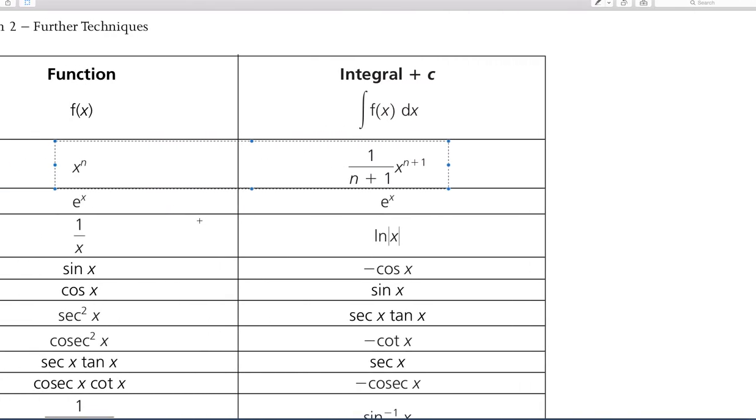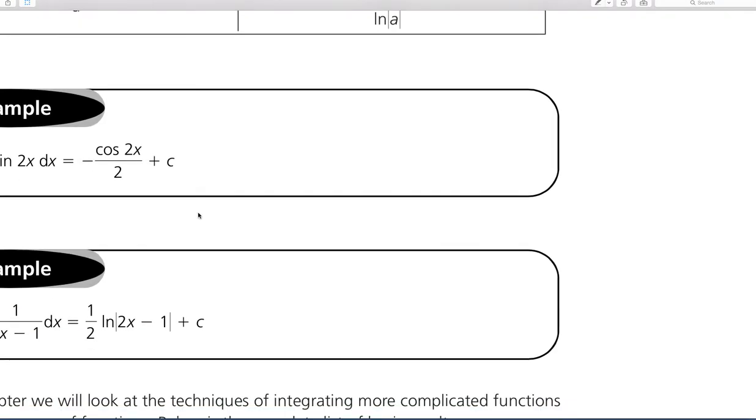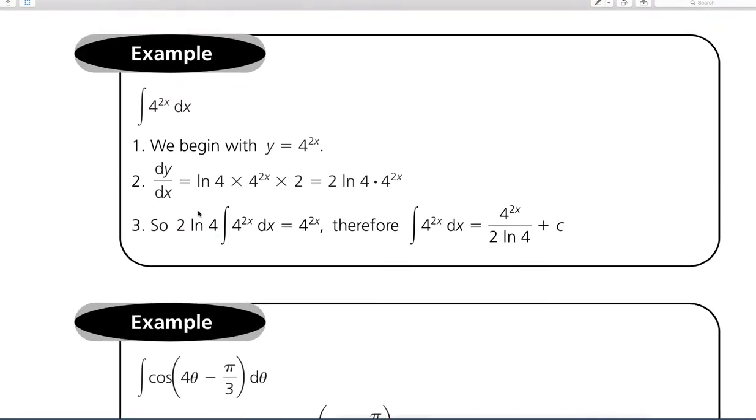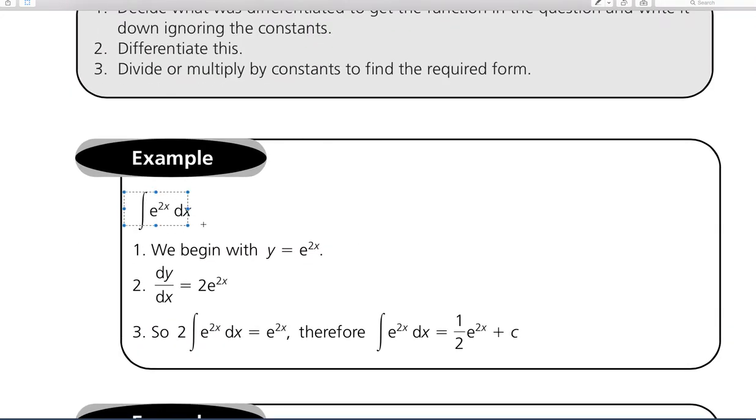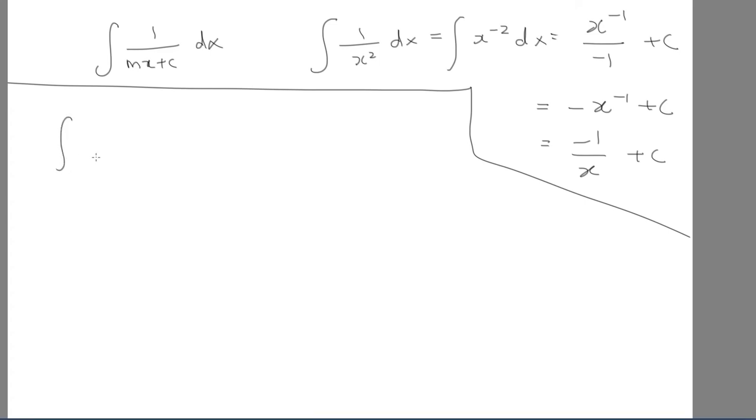Now, let's talk about this one here. Integration of e to the power of 2x dx. Well, that's equal to e to the power of 2x over 2 plus c. Okay? So if it was just e to the power of x dx, you would get e to the power of x plus c, yeah?